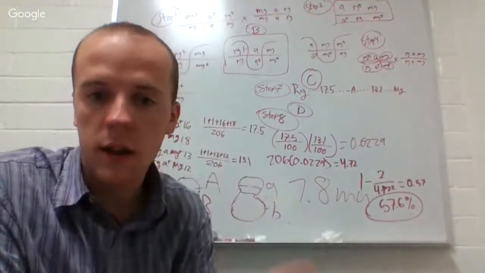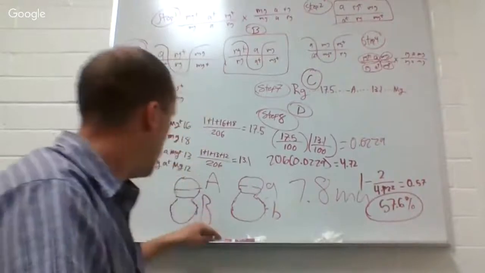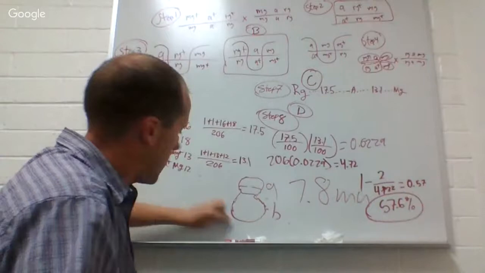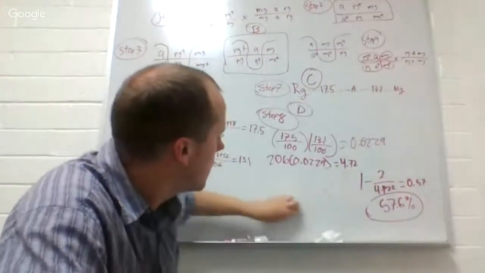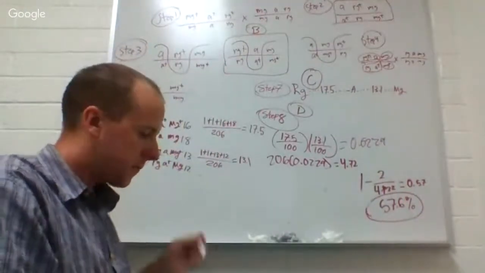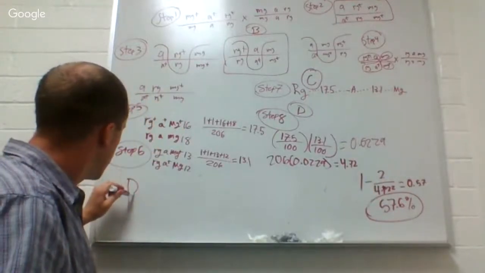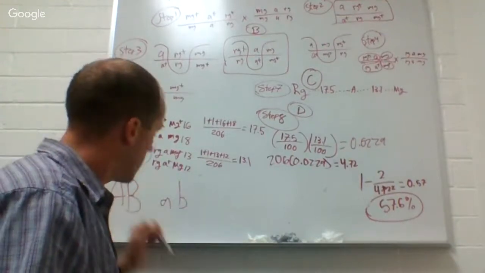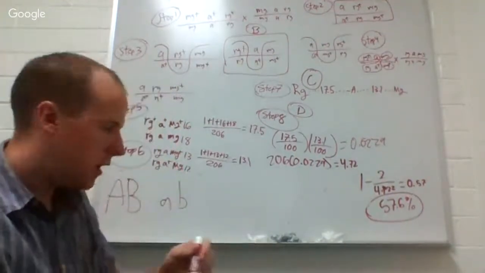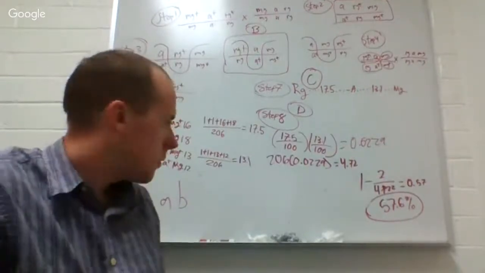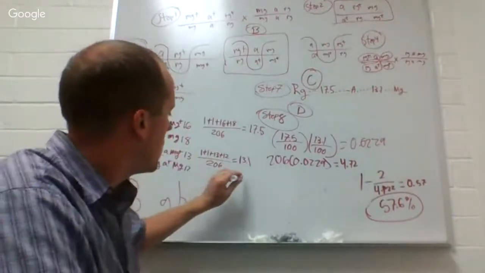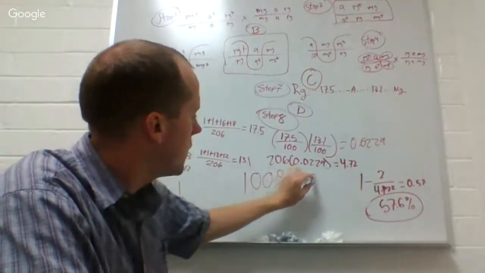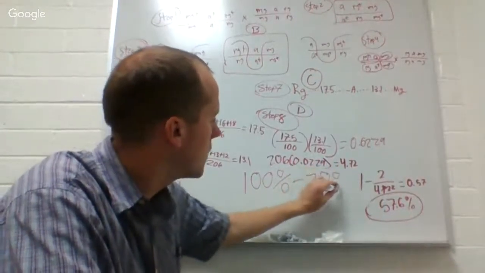So in that case, to calculate the percentage for each, I still do need a calculator now. So first, let's go with big B, little b first, because it's going to be them. So what we do is we take, let me write it out, 100% and subtract from it 7.8%.